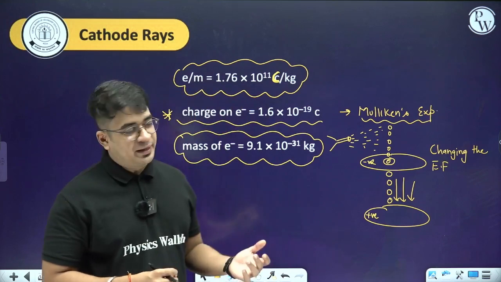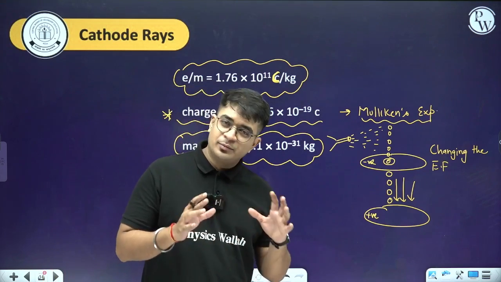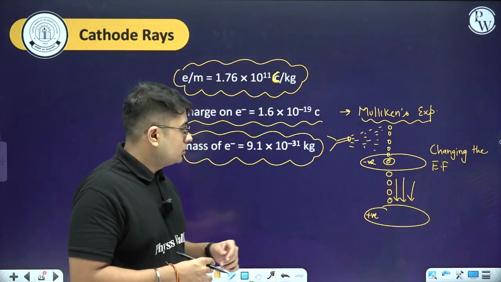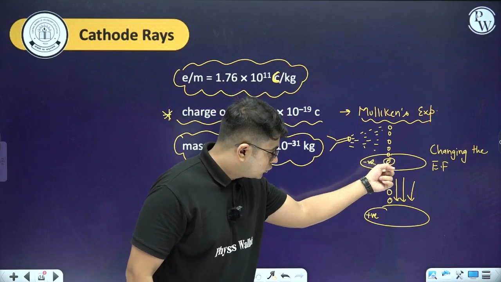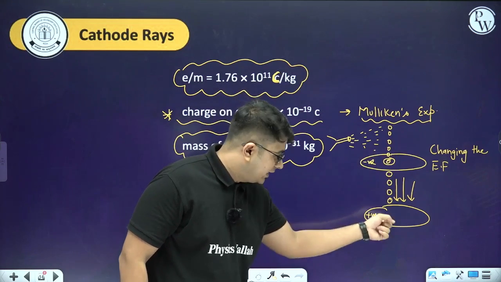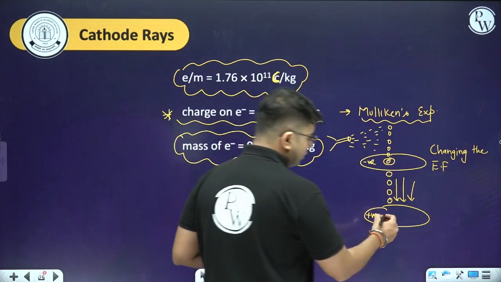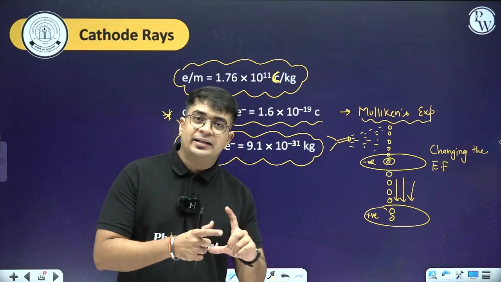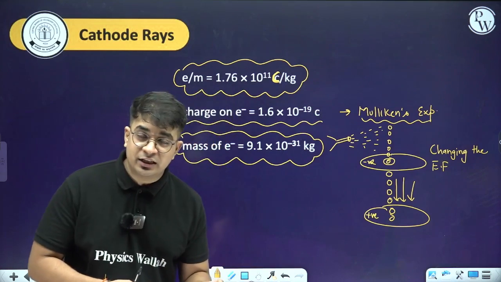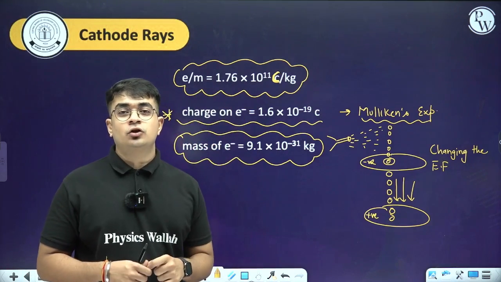I am trying to explain this particular experiment in the simplest way possible. So he was checking the speed at which these droplets pass through this small hole and settle down on this particular plate. Now by varying the electric field, he saw a change in the movement of these droplets.